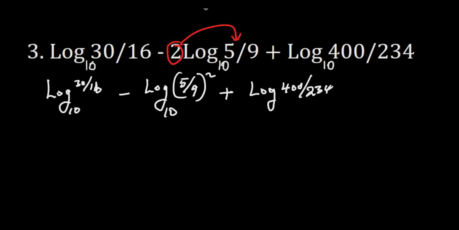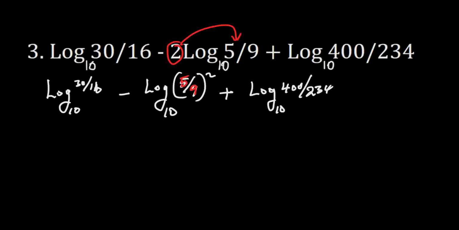234 to base 10. So at this point, we can now take the square of 5 and the square of 9.